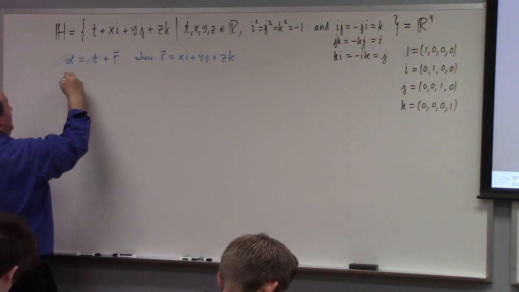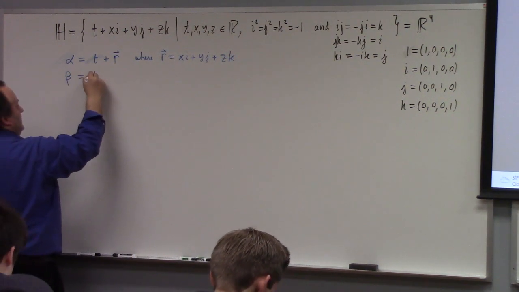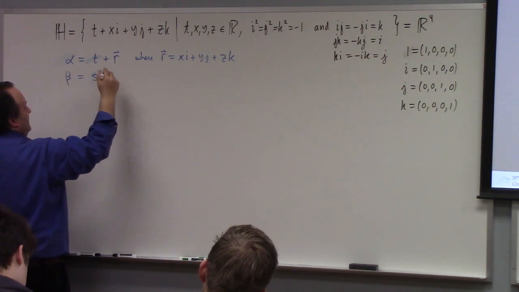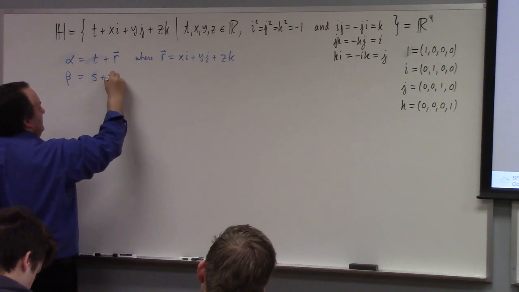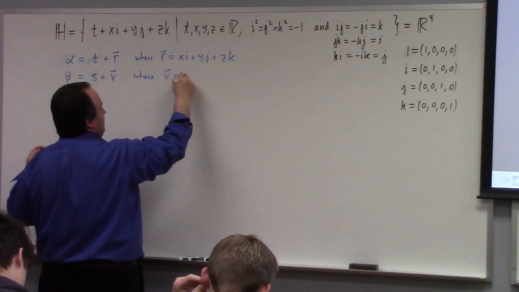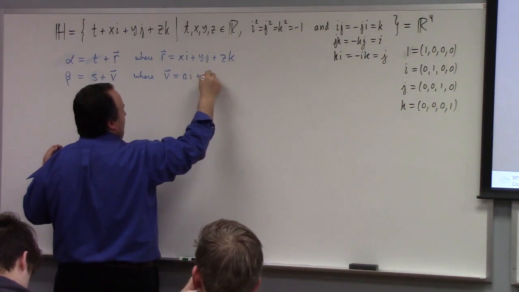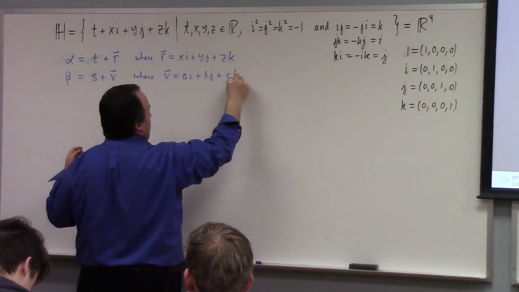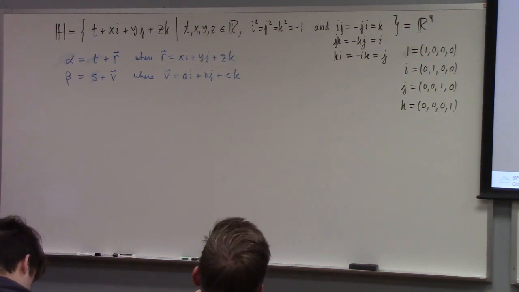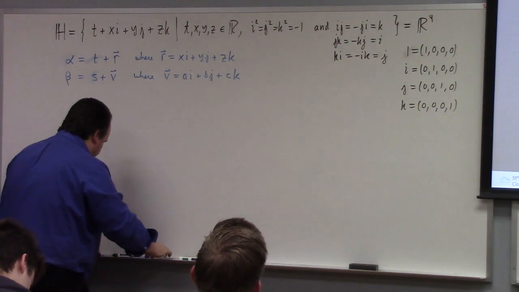All right, and we'll let beta be equal to s plus, I need another vector, how about v, where vector v is ai plus bj plus ck, all right? So these would be 2 pretty much arbitrary quaternions, and let's multiply them out, right?